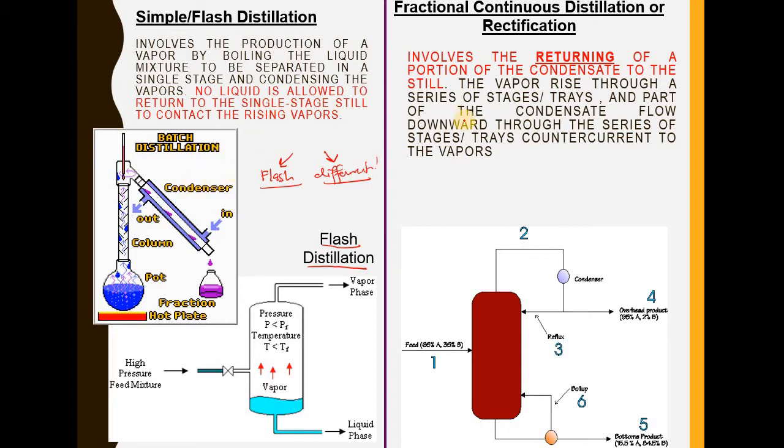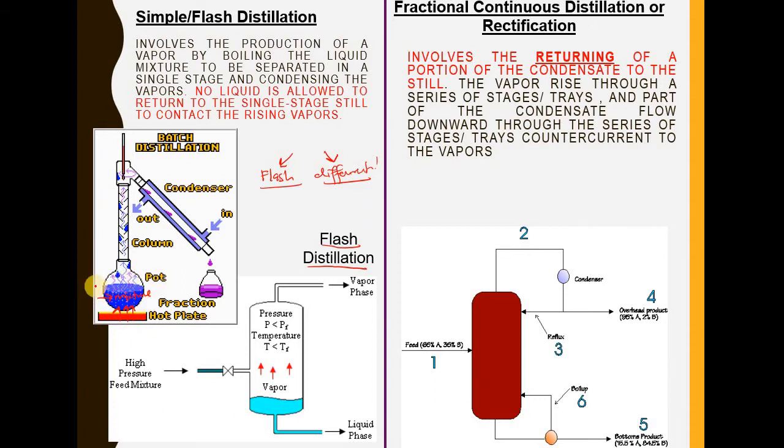Okay, this is just to show you the difference between batch and continuous. For batch, it involves the production of vapor by boiling the liquid to be separated in a single stage and condensing the vapor. So the process is still the same as distillation. If we have a liquid mixture, it will be heated up at a certain temperature.